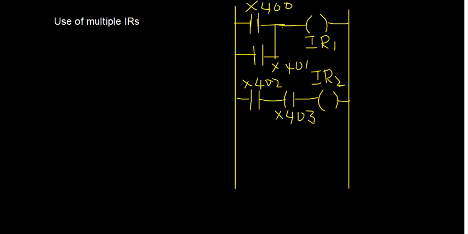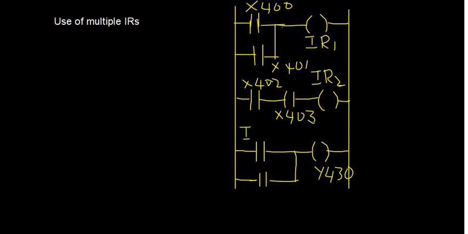Now I will come to this point. This is a very important phase. These two are ORed, and this is my Y430. This is my IR1 and this is my IR2.